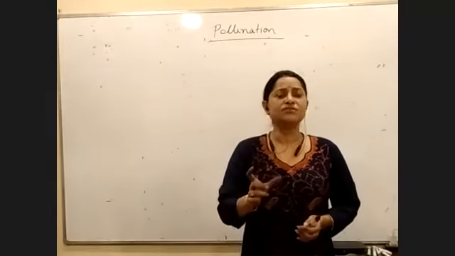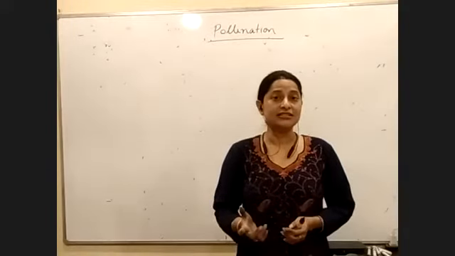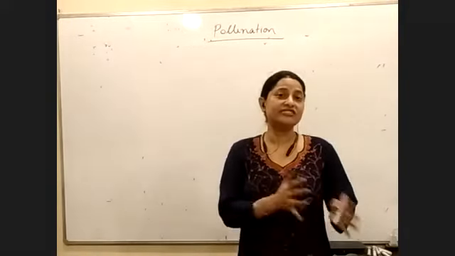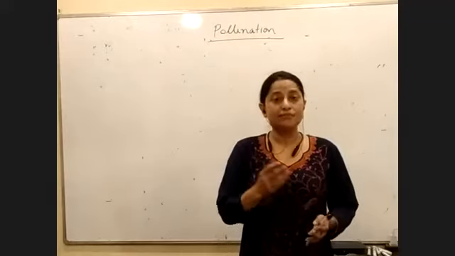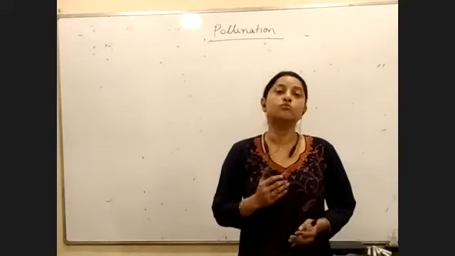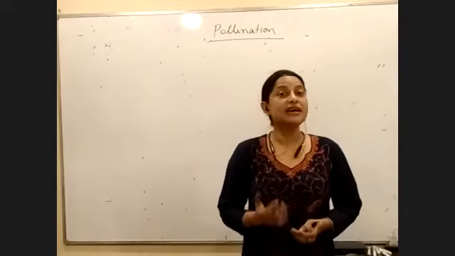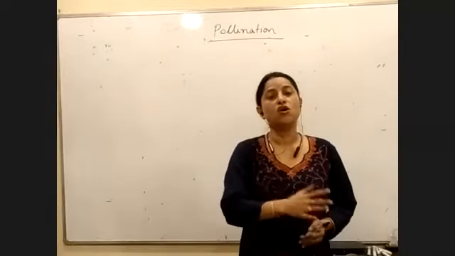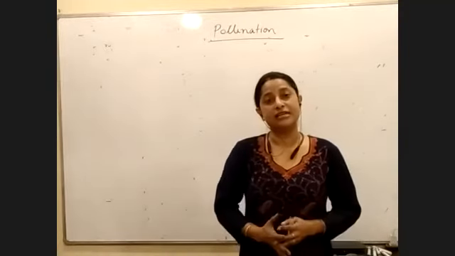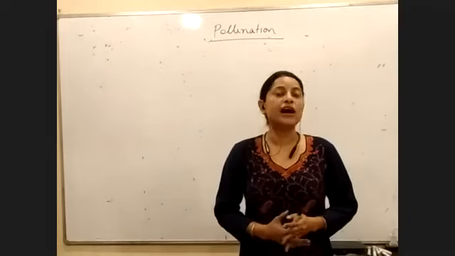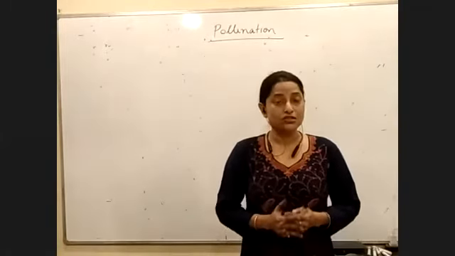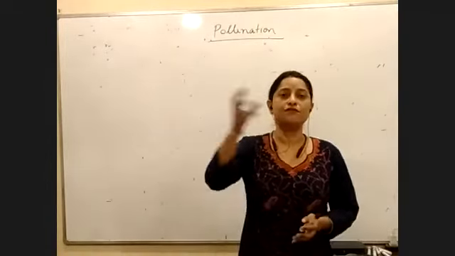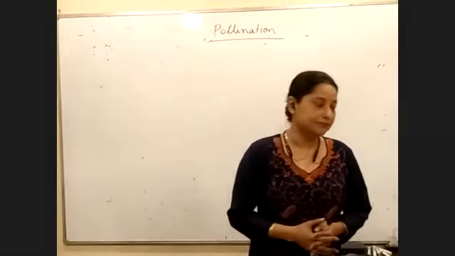There's a simple answer to that. The simple answer is pollination is necessary, agency is necessary because both the gametes are non-motile. If suppose they are motile, then obviously they will walk or they will swim to the female gamete. But since the gametes of higher plants are non-motile, so it has to be carried from one plant to the other. Is the point clear?